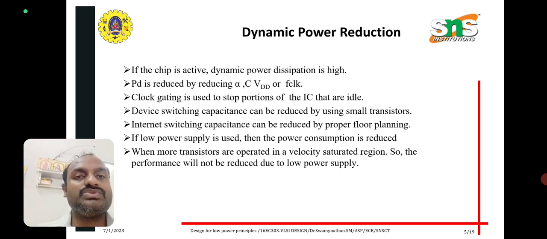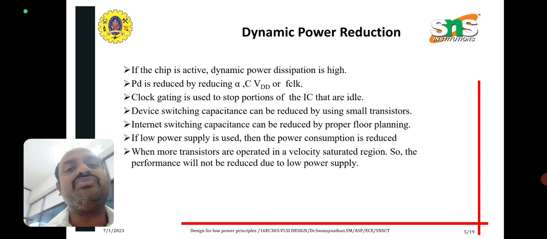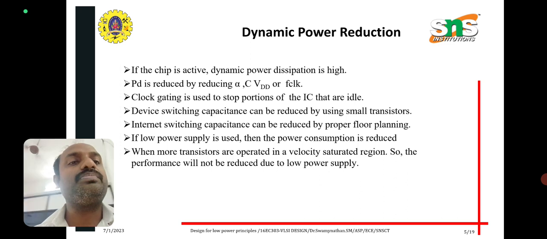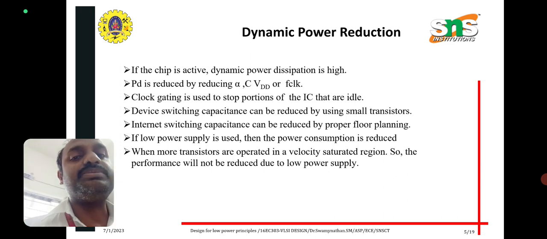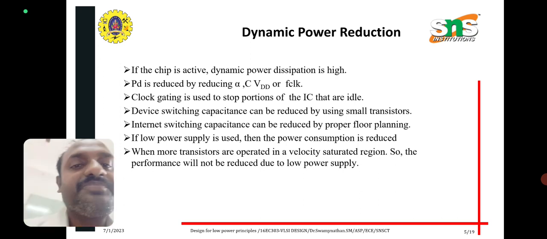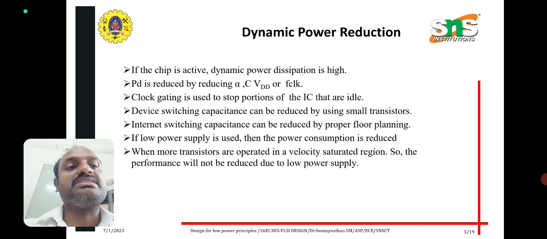Next, the device switching capacitance can be reduced by using small transistors. The interconnect switching capacitance can be reduced by proper floor planning. Floor planning is very important; it means deciding in which portions we need to place the devices, that is transistors.